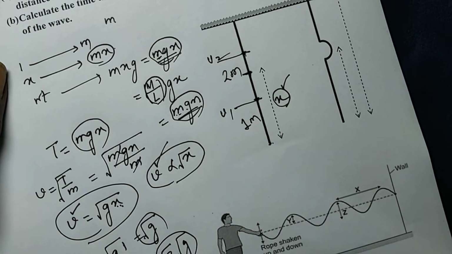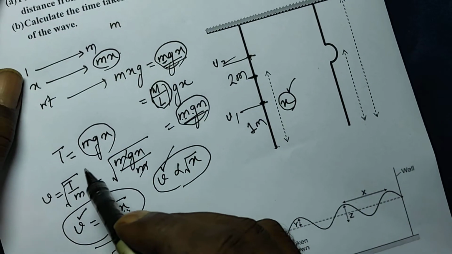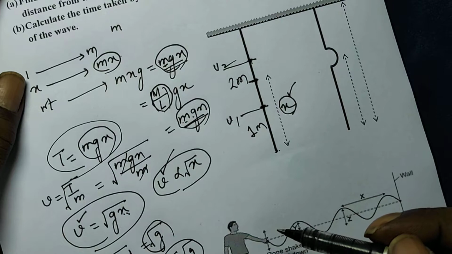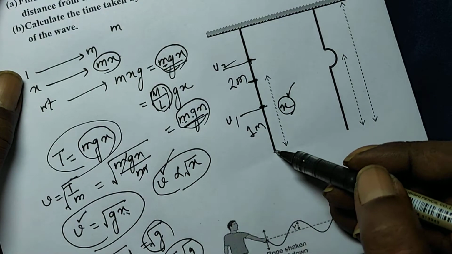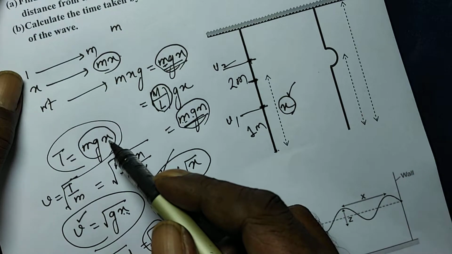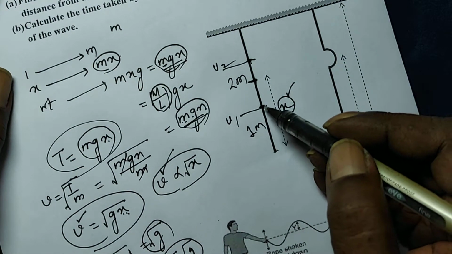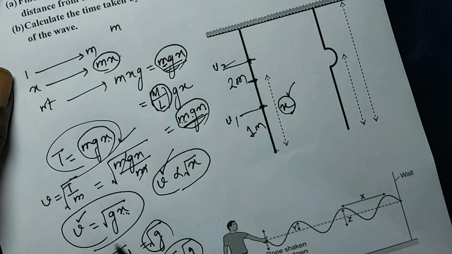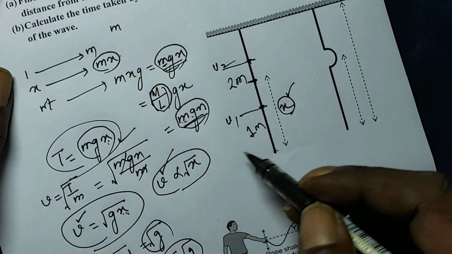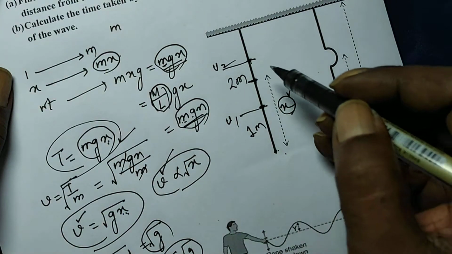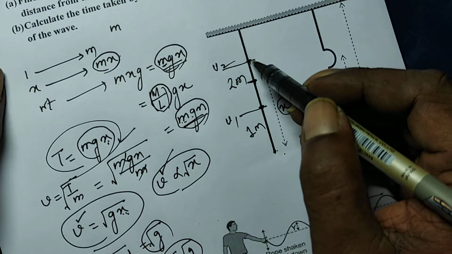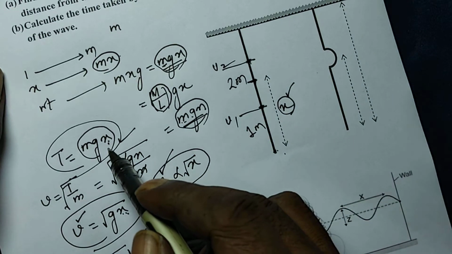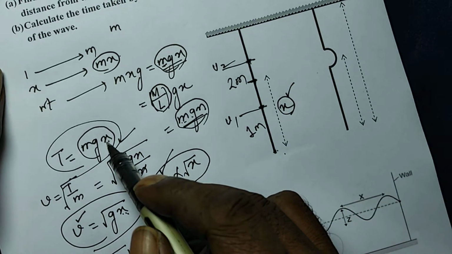Or they might also ask what is the ratio of the tension at two different points. Then you have to use this expression, and the tension will be different. Here x is equal to 0, so put x equal to 0. Suppose they have asked what is the tension at a distance 1 meter from this free end, then use this expression and put x as 1 meter. If they ask the tension at a distance 2 meter from here, then put x as 2 meter.